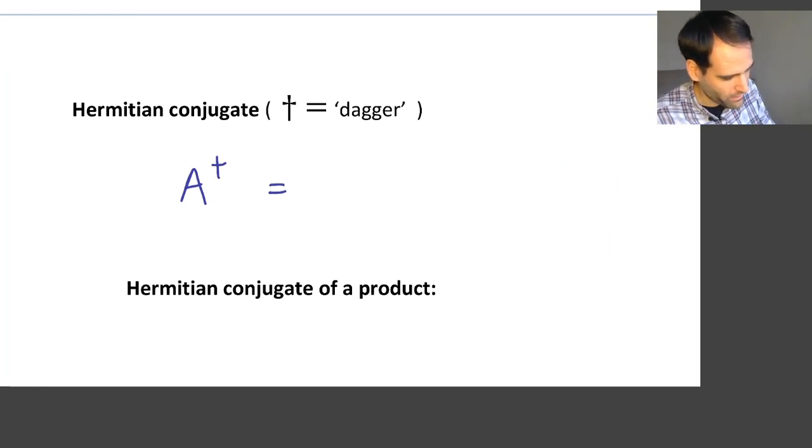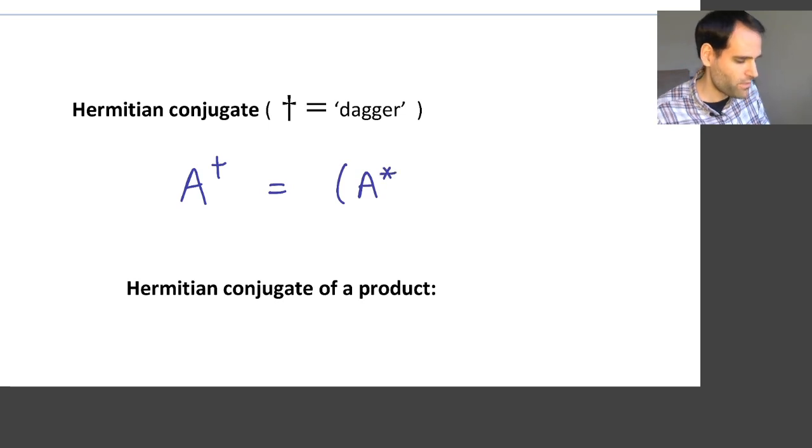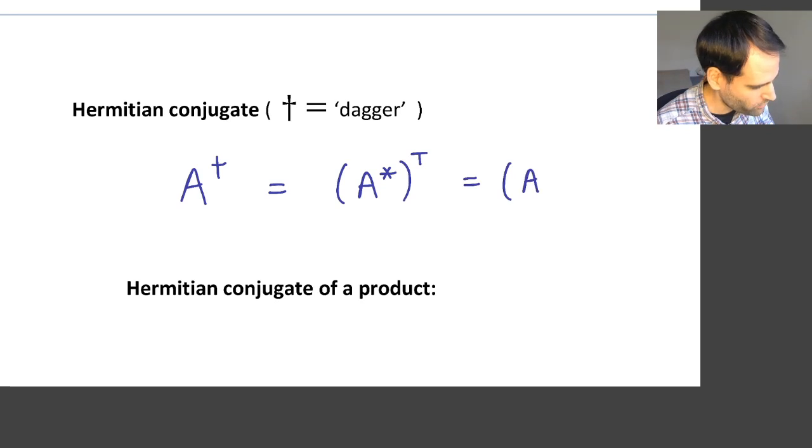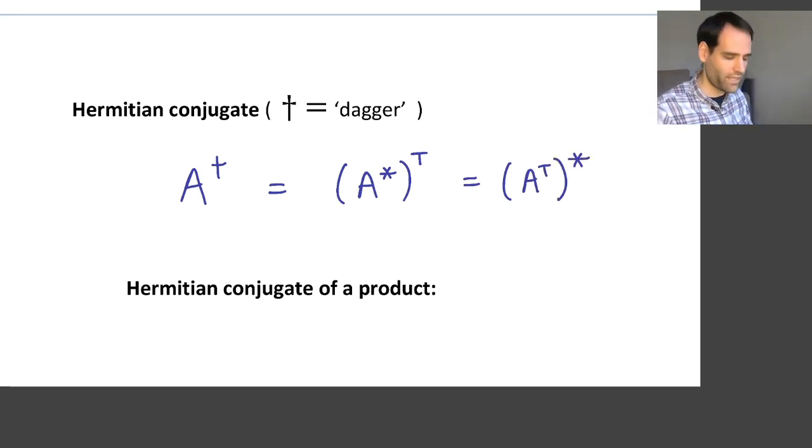You get A and do the complex conjugate of every element in A, and then you transpose the result. So the Hermitian conjugate of a matrix is just the complex conjugate of the transposed matrix. We could also first transpose it and later do the complex conjugate. The result is the same.